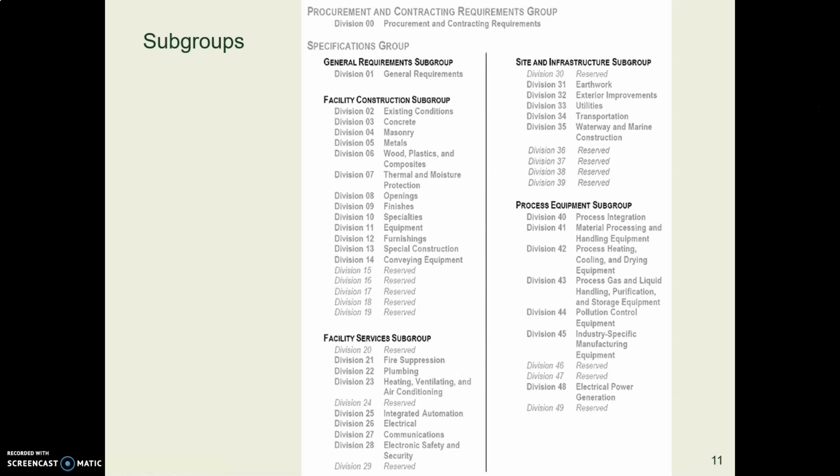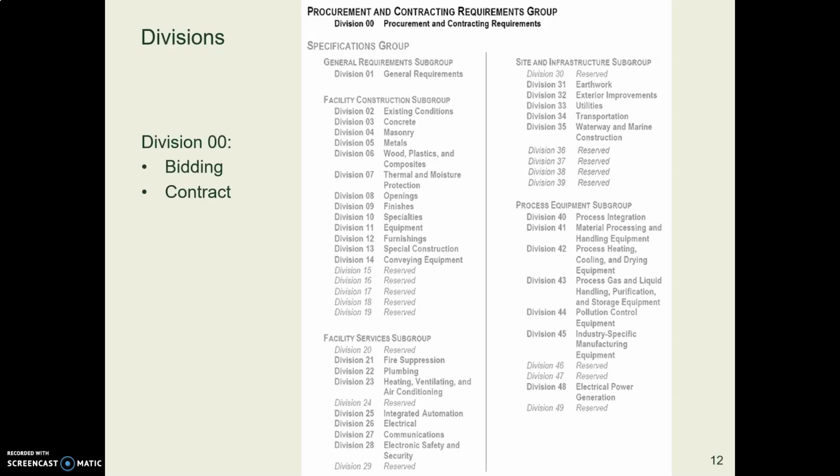The specifications are divided into subgroups. Here's that top one with the procurement and contracting. It's Division 0, and this is how we get to 50 divisions. You notice it goes from Division 0 to Division 49. That gives you 50 divisions.